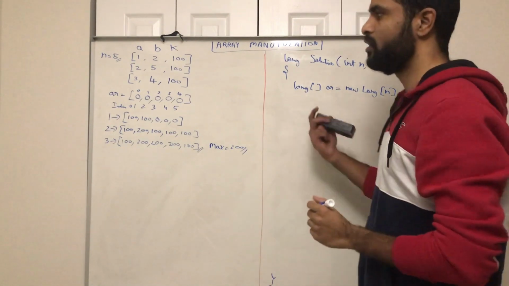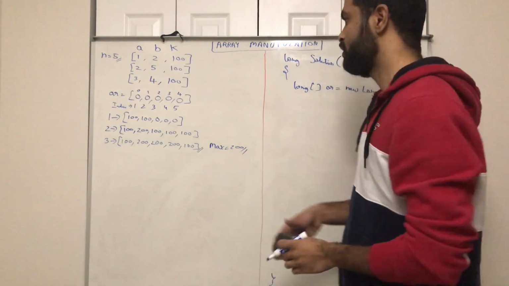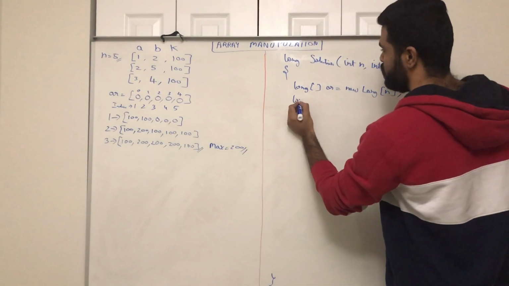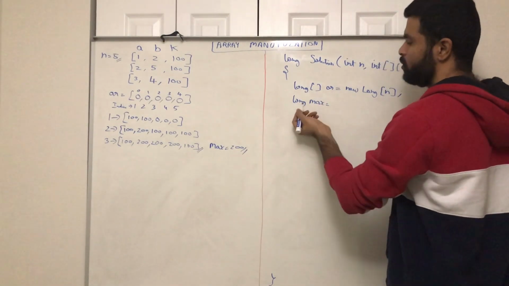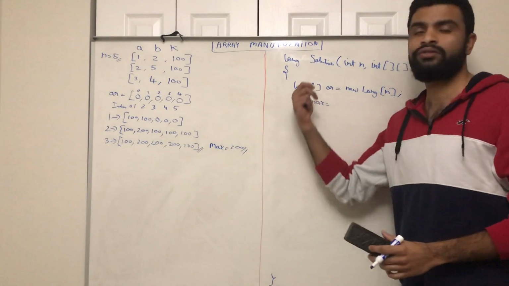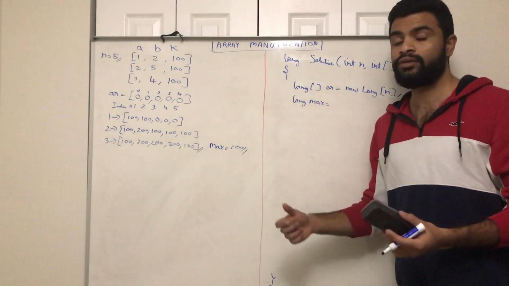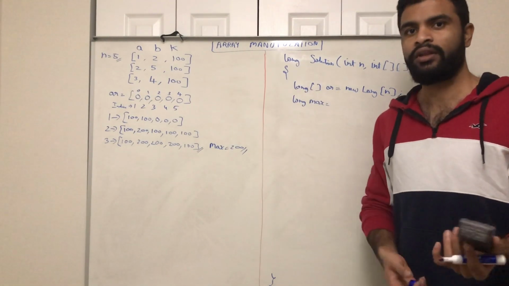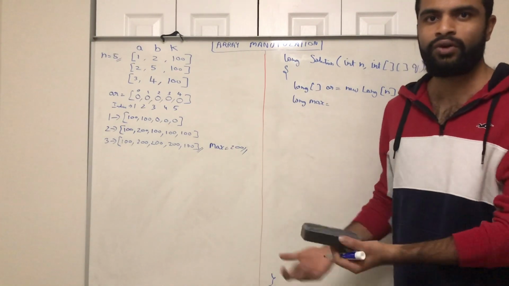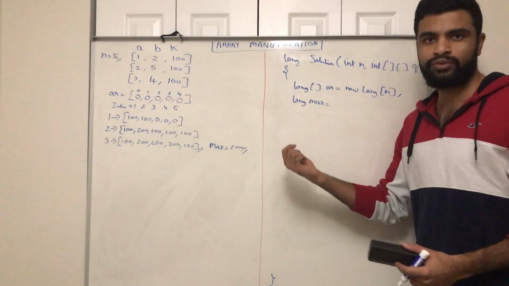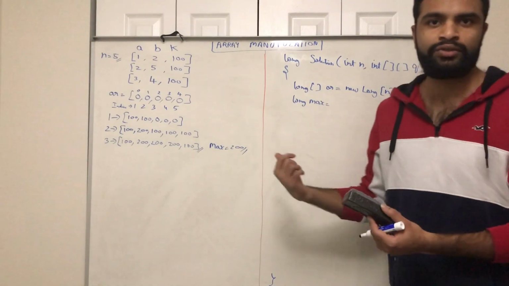Once I create an array with length n, I need another variable to hold the maximum value, so I will declare another variable called max. I'm coding this in C#, so the data types are like this. If you are coding in any other programming language, use the data types accordingly. This is in C#, so I'm using data types as per C#.